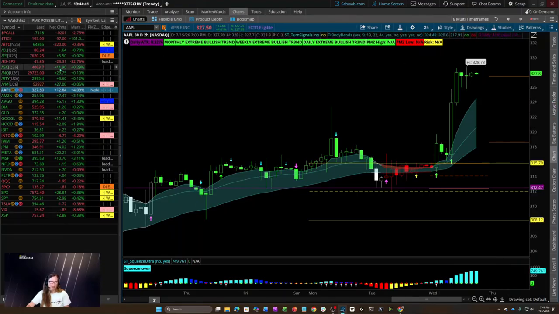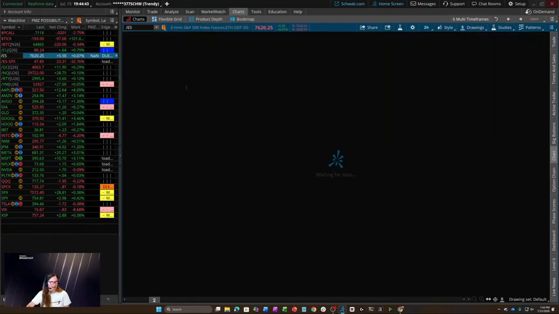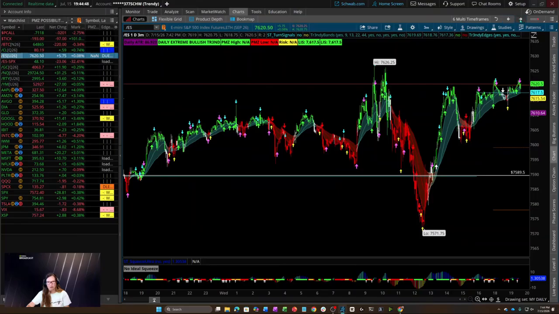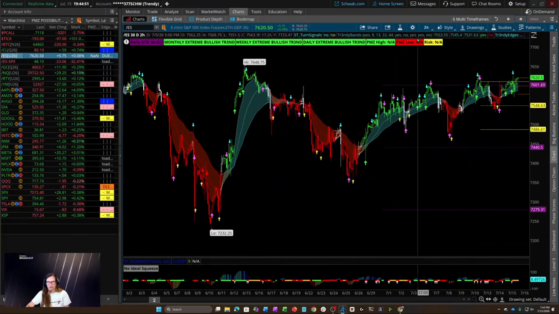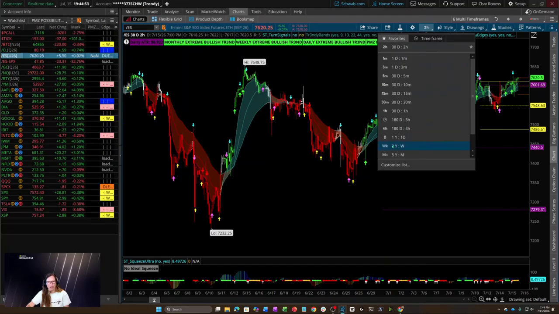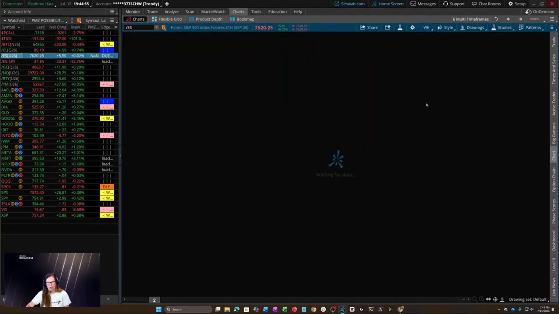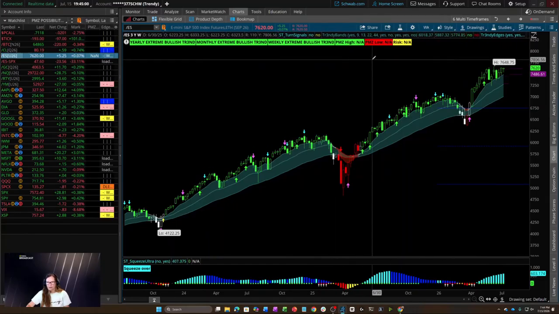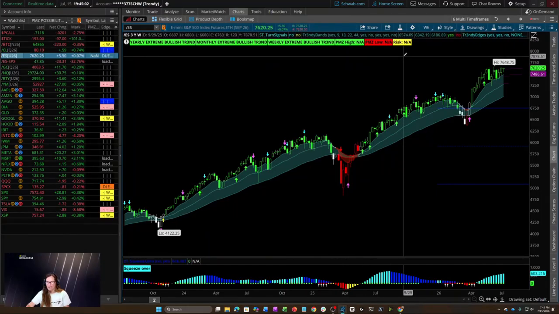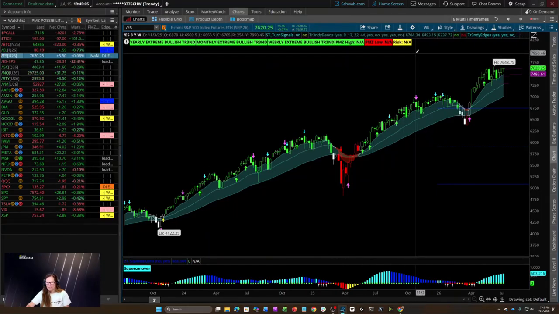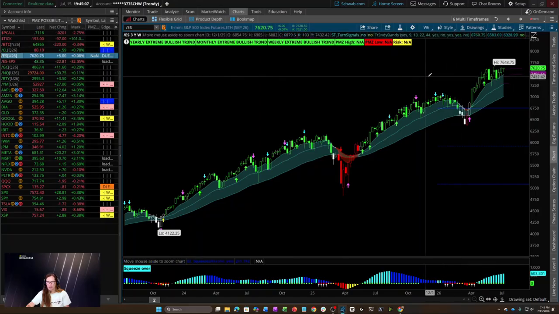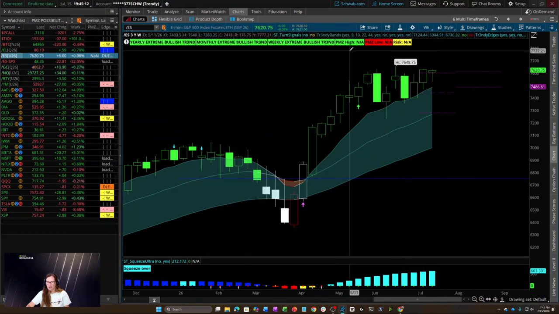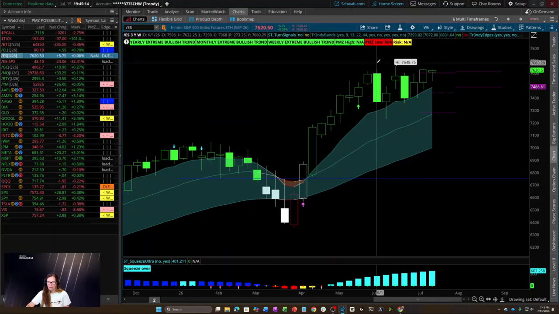All right. Let's look at examples of how to use extension targets when you have no higher price action, no supply, no resistance, nothing to use for additional upside targets, right?